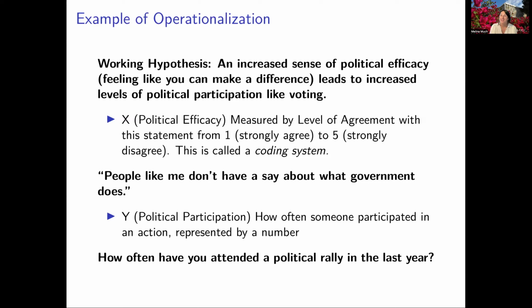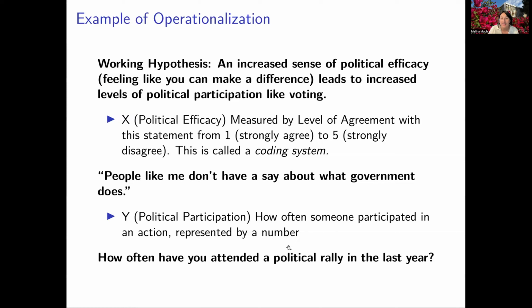So we're going to operationalize political efficacy as a Likert scale from 1 to 5, measuring the level of agreement with the statement, people like me don't have a say in what government does. We then can operationalize our understanding of political behavior or political participation, measuring whether or not somebody turned out to vote.